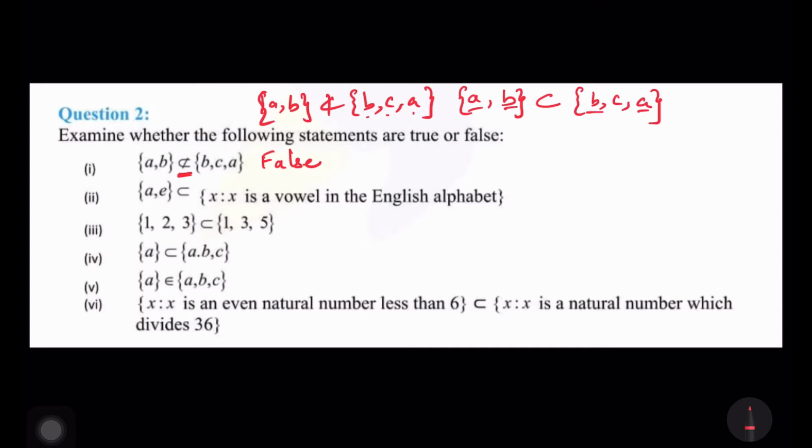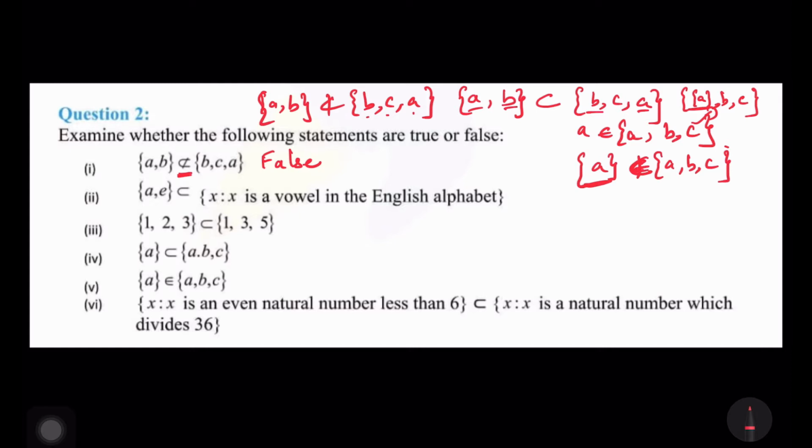Now what is the difference between a set and an element belonging to a set? We'll just see. Now here {a} does not belong to {a, b, c}, because it is not an element within the braces. Suppose it was given as {a} within braces inside the set, then you can tell that this is a correct statement.